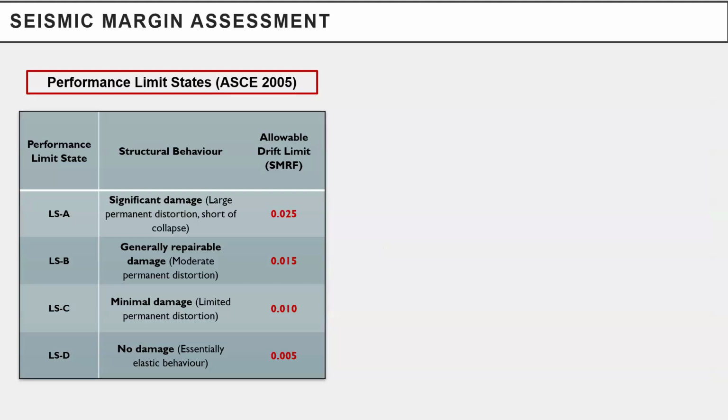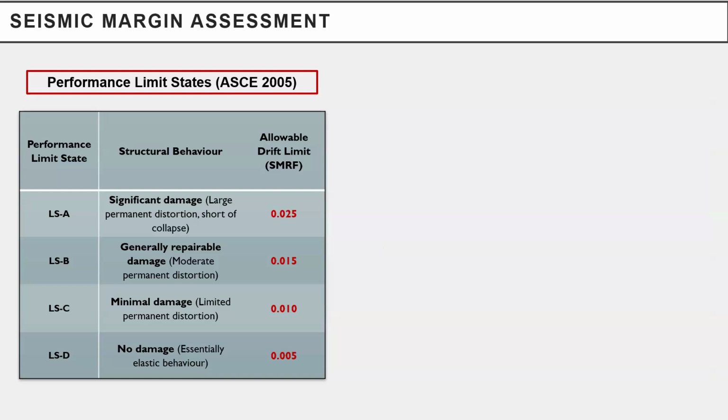Then we have adopted ASCE 2005, where different performance limit states are defined: A, B, C, D. For A, significant damage can occur, with large permanent distortions, just short of collapse, and the allowable drift limit is 0.025.